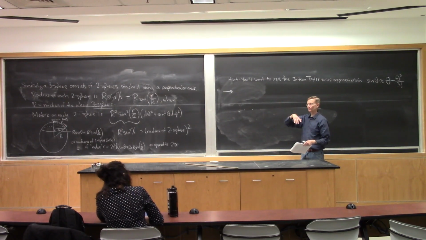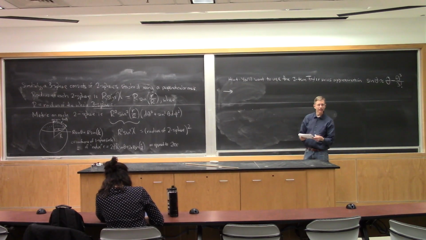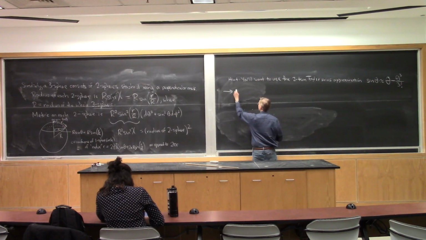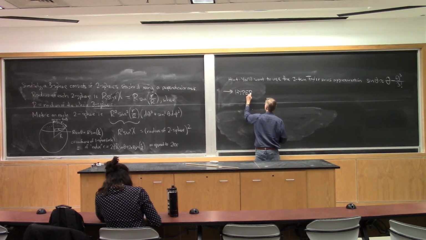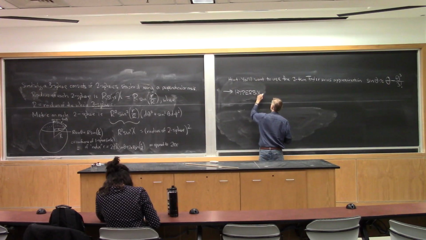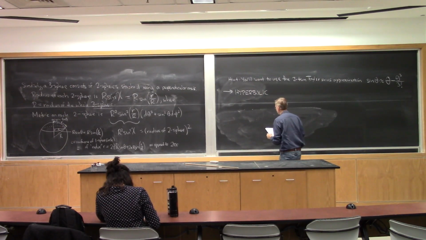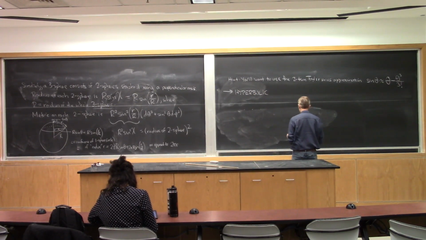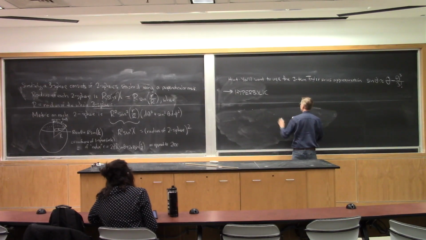Spherical, metric in spherical space. And now, hyperbolic is the next one. That's the third possibility for the shape of space in an isotropic and homogeneous universe.